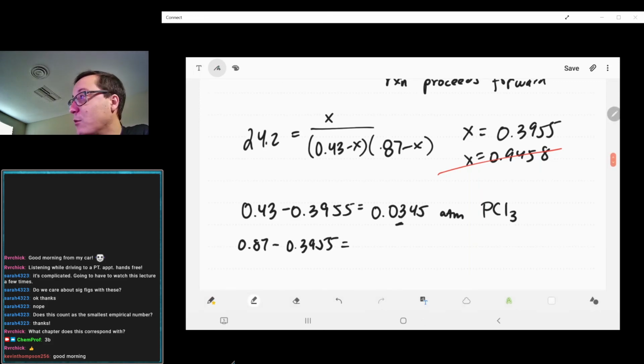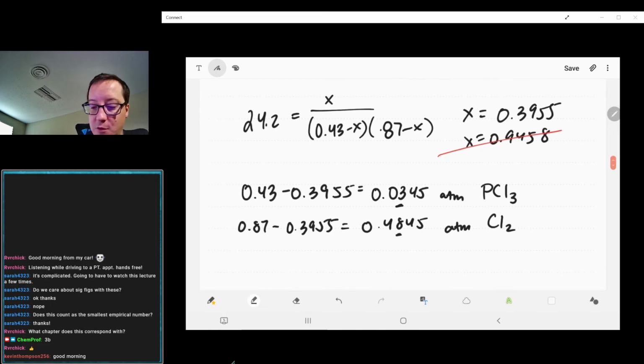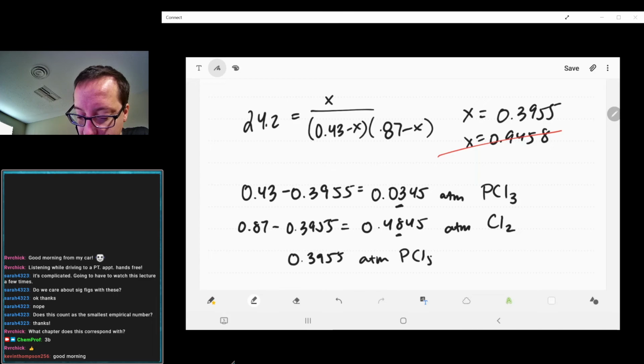We're just doing a nice table. No real difference here. We're going to have that as our sig figs. That'll be our atmospheres of chlorine. And then, of course, our atmospheres of phosphorus pentachloride would just be x. Hooray! We did it. So hopefully nothing new here.